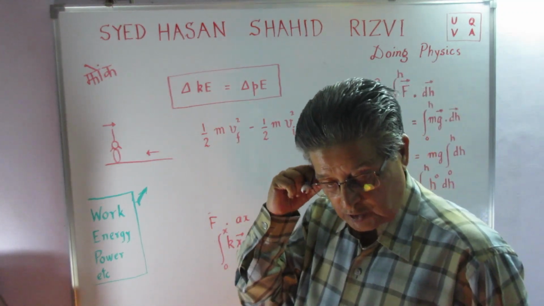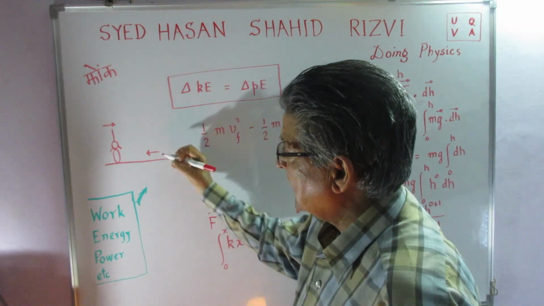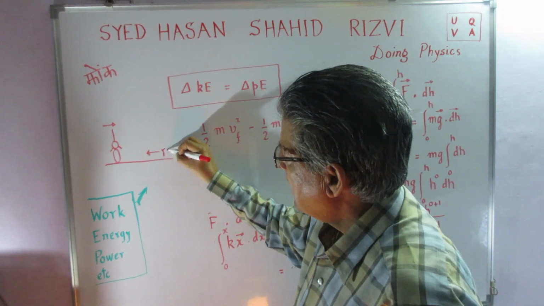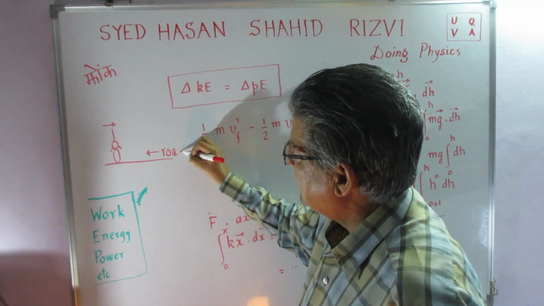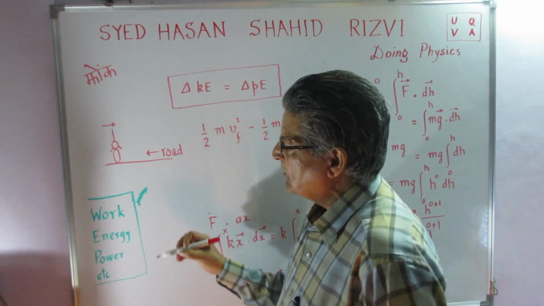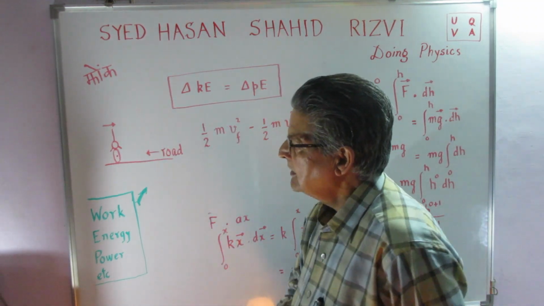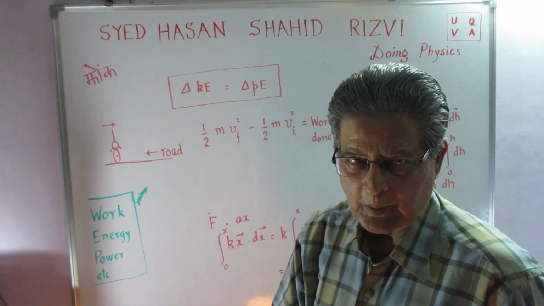There are two kinds of work being done. One is the work done by the road, which we will calculate, and the other is the work done by the bicycle on the road.